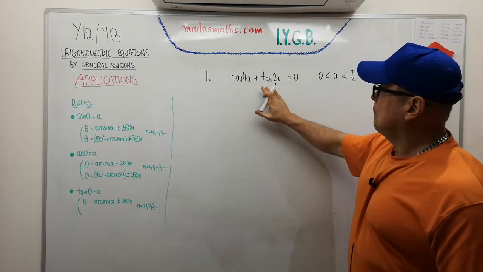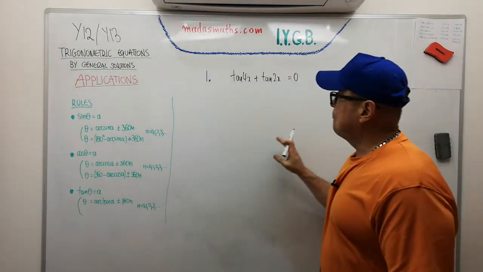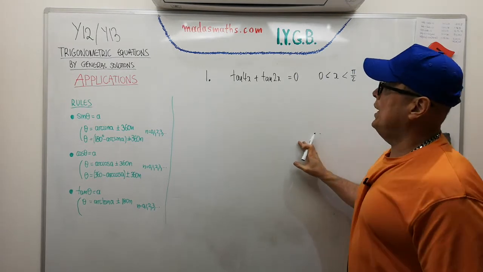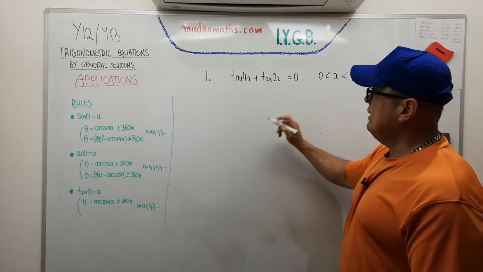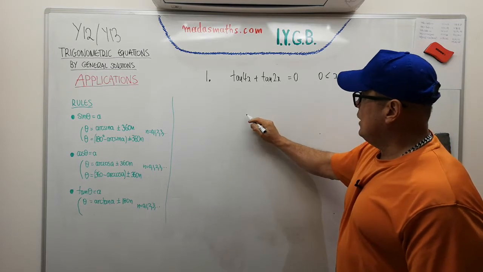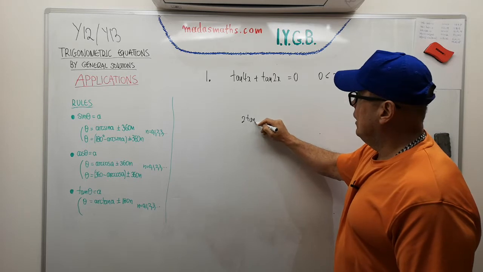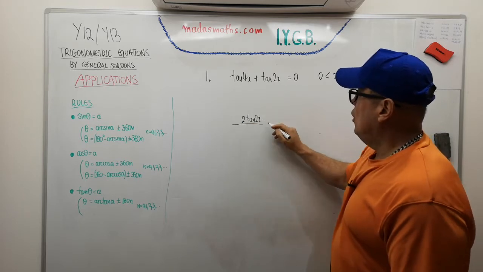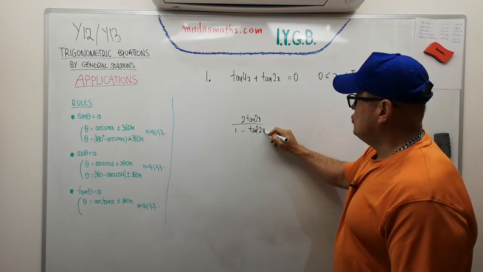Okay, if we don't use general solutions, if we don't use this line here, what other choices do we have? There is, of course, the double angle for tan, so we can write this just very, very quickly. I'm just writing it here. 2 tan of 2x over 1 minus tan squared of 2x.